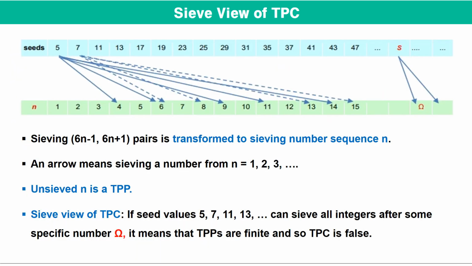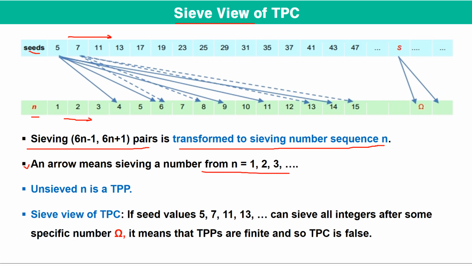So TPP can be interpreted in a Sieve view. Here C's are horizontally arranged and N is also horizontally arranged. So sieving these pairs is transformed to sieving the number sequence n. An arrow means sieving a number from this number sequence.